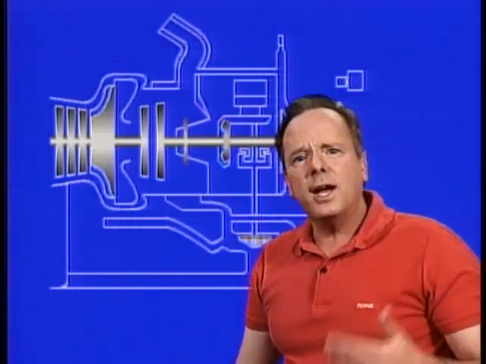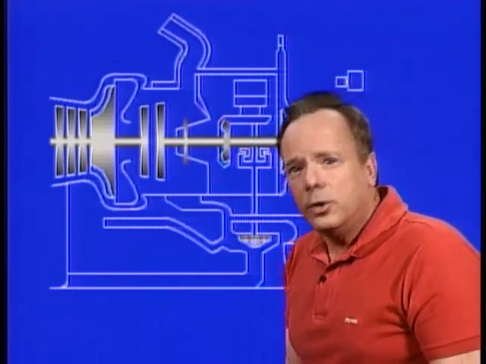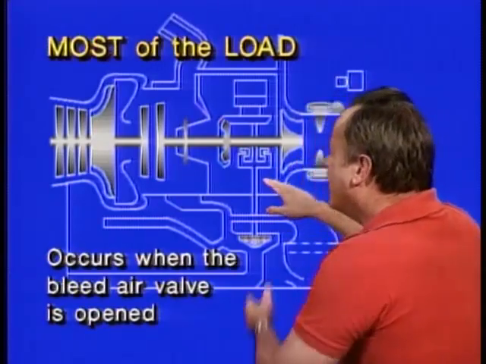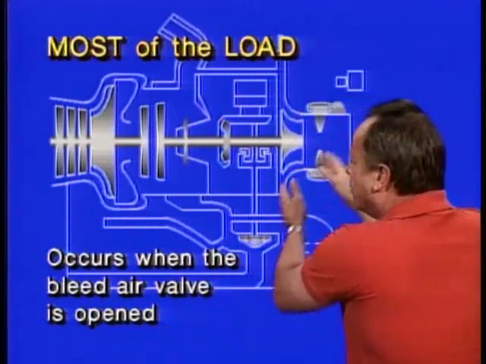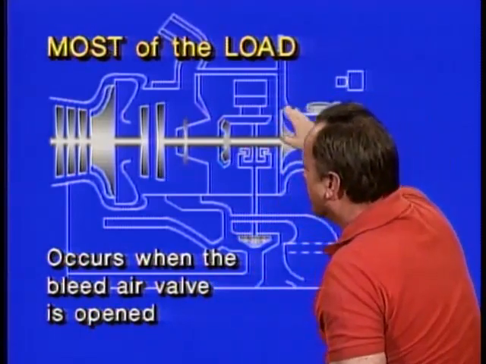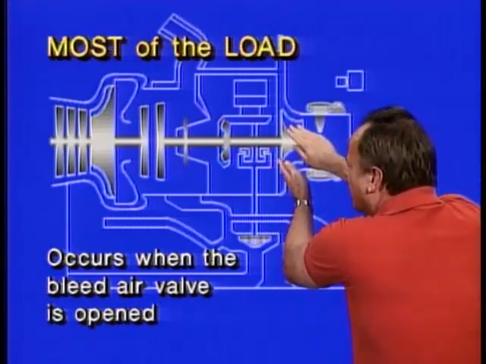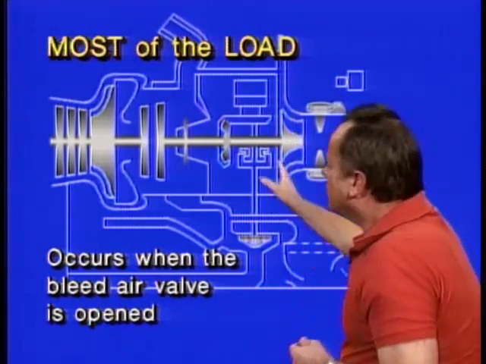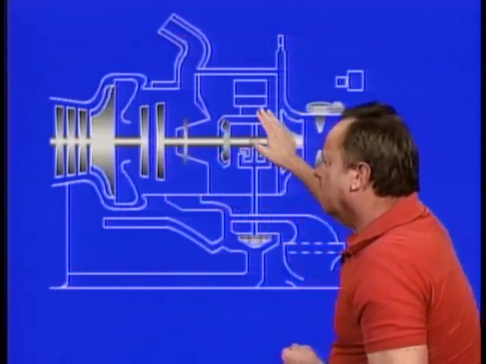You might say, well, what's the biggest way you can put a load on an APU? Well, usually most of the load placed on an APU occurs when the bleed air valve is open. You're putting more air through here, and the bleed air valve is normally open when you're trying to start one of the main engines, and you're really working this compressor and putting a lot of load on the APU at that time. So now what you want to do is still maintain a constant speed because you're running the generator.